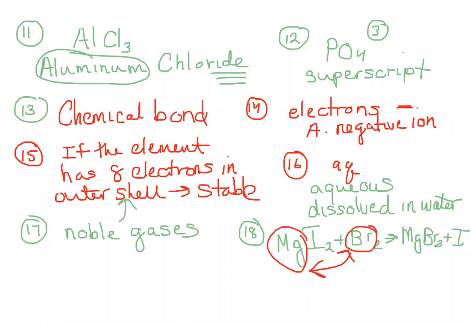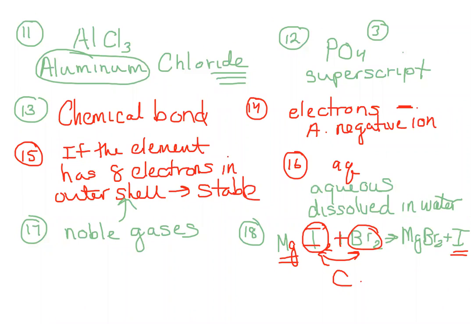I did that wrong. Let me put this back. Okay. So the iodine and the bromine are changing places. And the iodine is going off by itself, and the bromine is combining with the magnesium. So this is a single replacement again. Okay, this is C, single displacement.